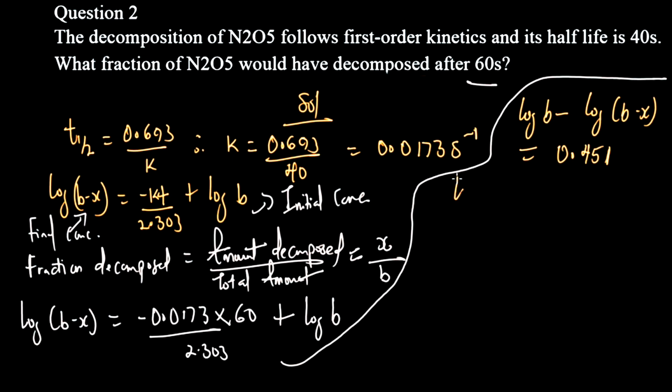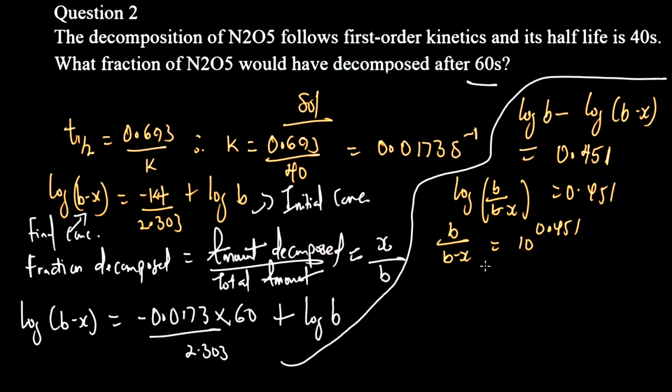So log B over B minus X equals 0.451. Taking the antilog, we have B over B minus X equals 10 raised to the power 0.451. So this equals 2.825.